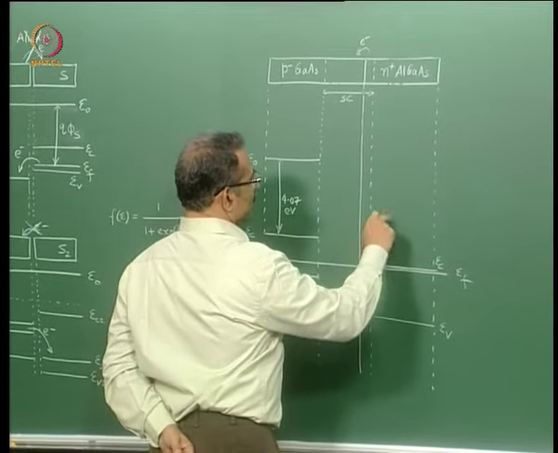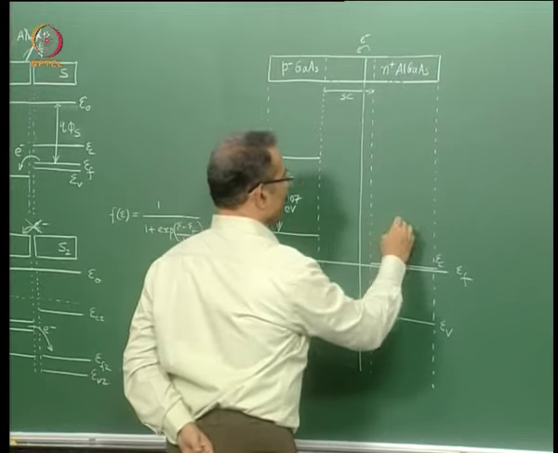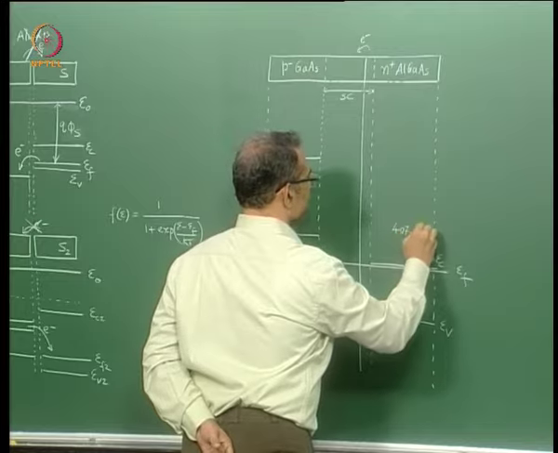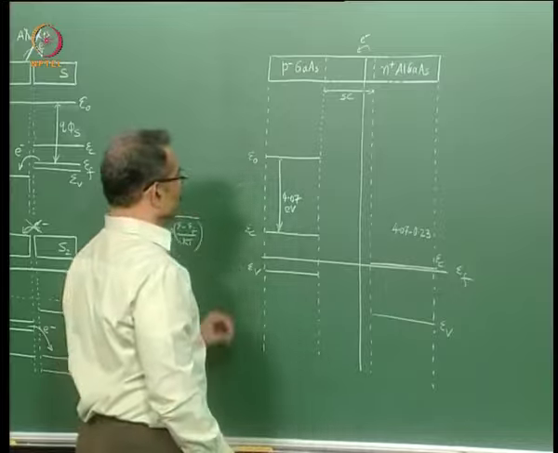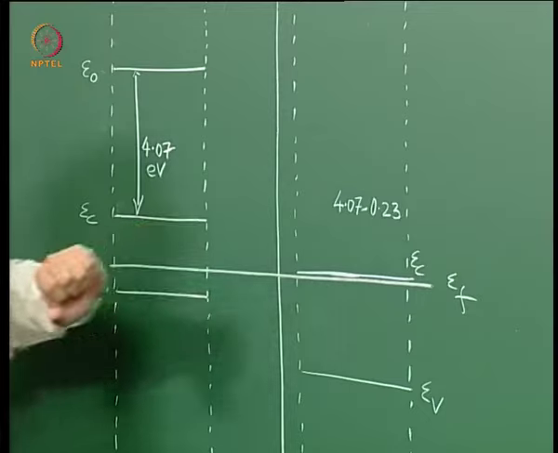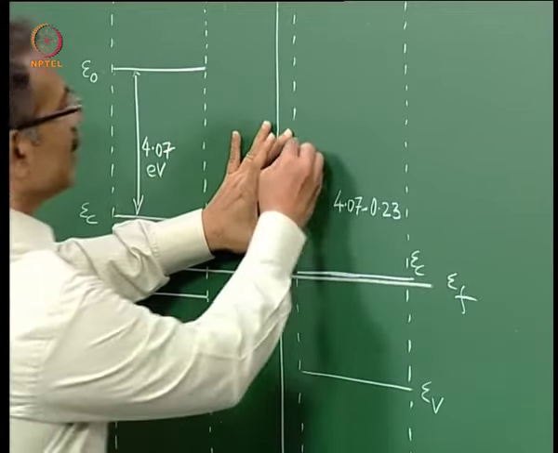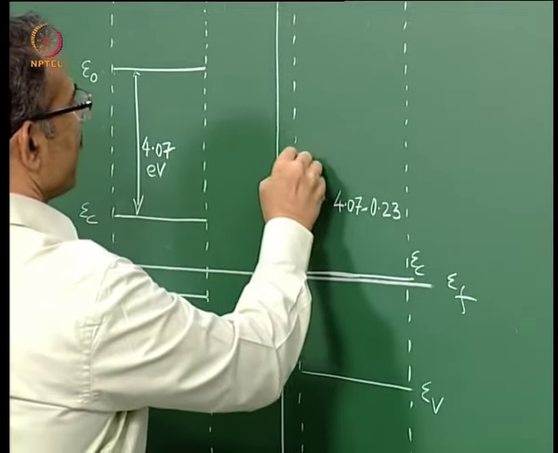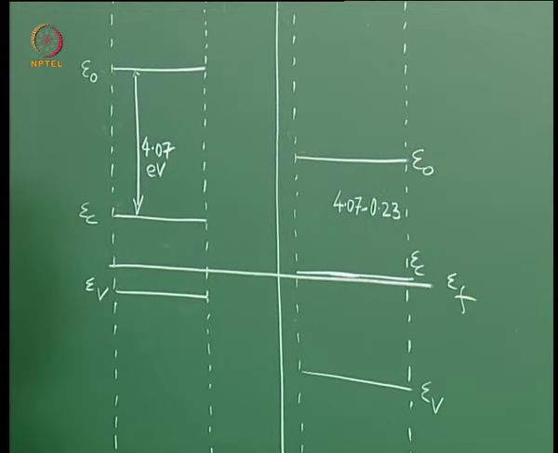Here the electron affinity is 4.07 minus 0.23. So here this height should be less than this by 0.23. So if this is the height here and a little less, so this is your E0.